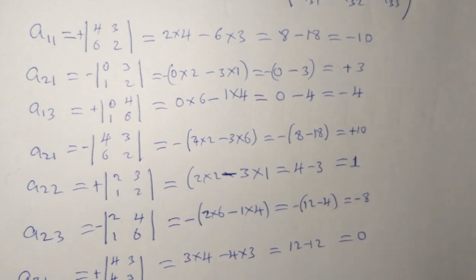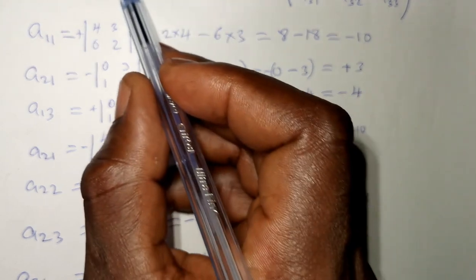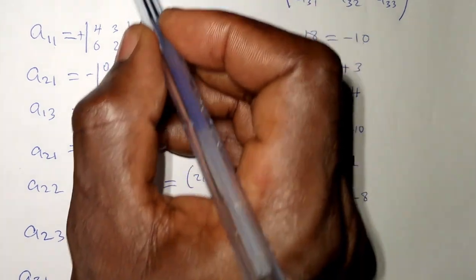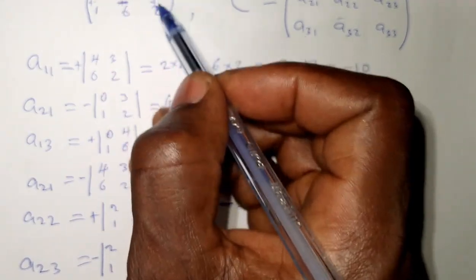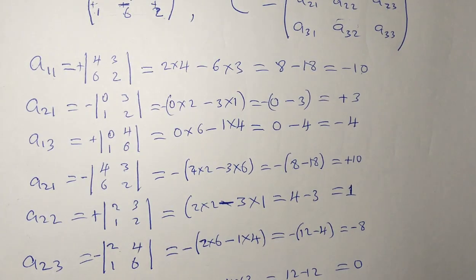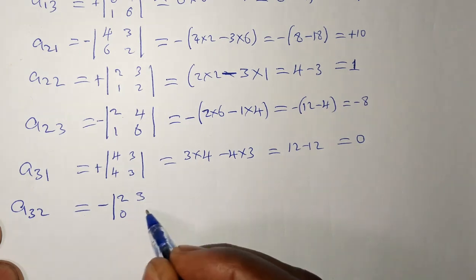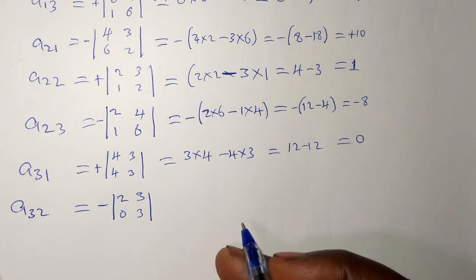Alright, so we have A32 equals to, this is minus this, we are taking this position here, which is minus here. Since it is here, we'll kick out this and this. We are left with 2033.